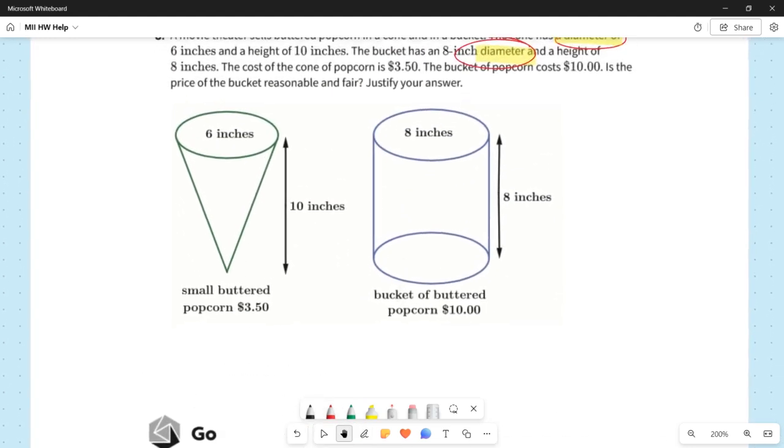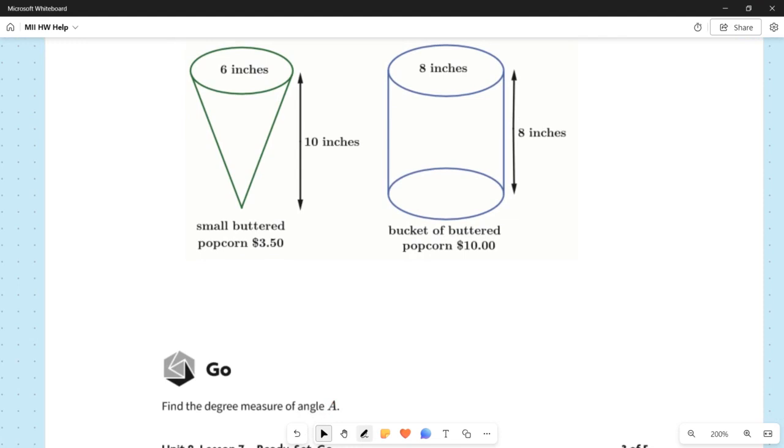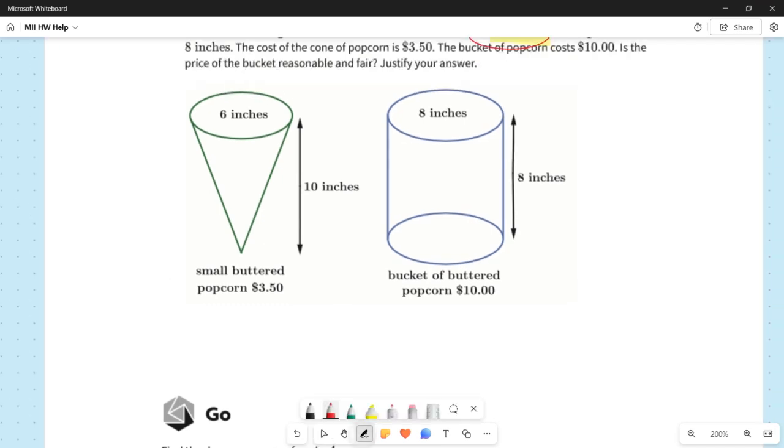I don't have a lot of space here, but we should have enough. Let's start by finding the volume of the cone. Our formula for the volume of a cone is the area of the base, which is pi r squared because it's a circle, times the height of the cone.